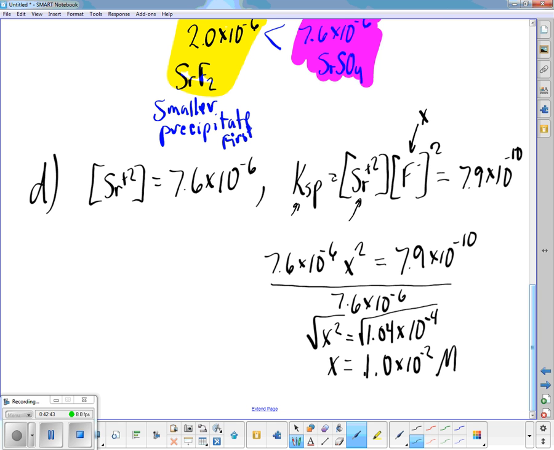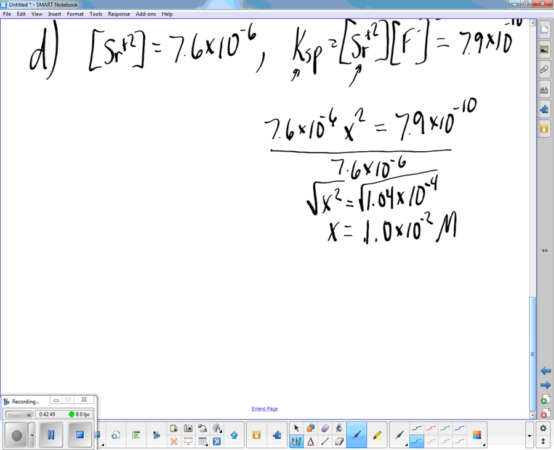Okay, now they want the percent left in solution. So then I go back up and say, okay, how much did I have to start with? Well, I had 0.2 to start with, and now I've got left 0.01, right? I'm just trying to find the percent fluorine left in solution.